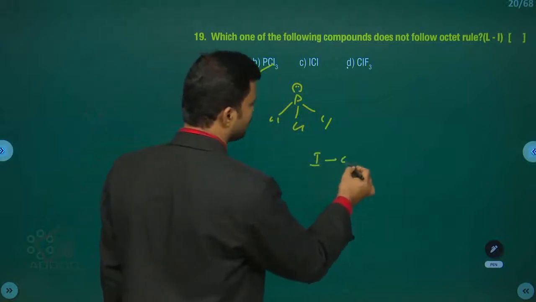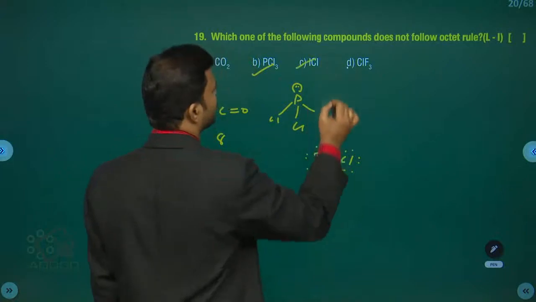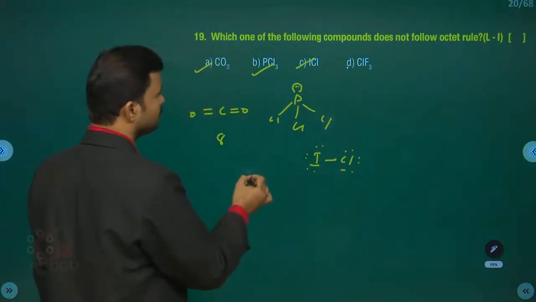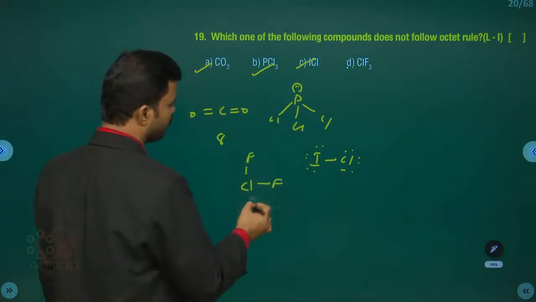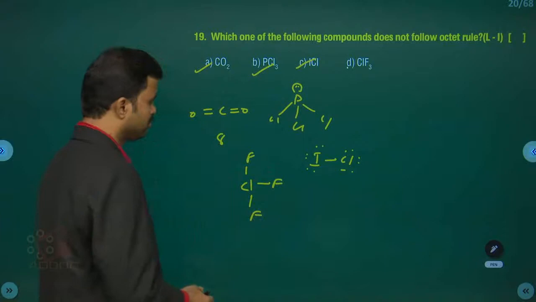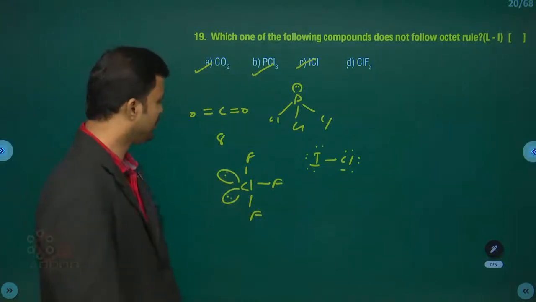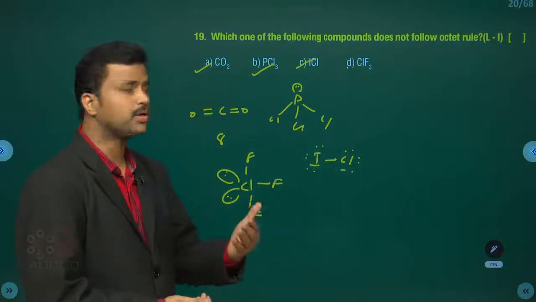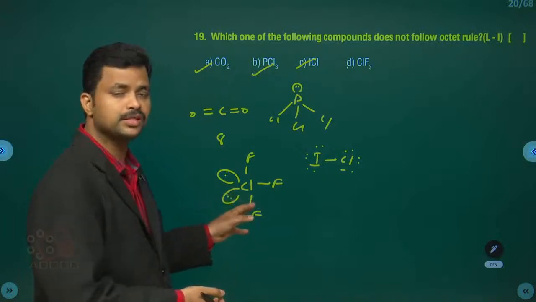ICl, iodine, the central atom, having 8 electrons. ClF3 is a T-shaped molecule, with fluorine, fluorine and fluorine. How many lone pairs will be there in ClF3? There will be 2 lone pairs. It is crossing the octet. More than 8 electrons are there at Cl, the central atom.